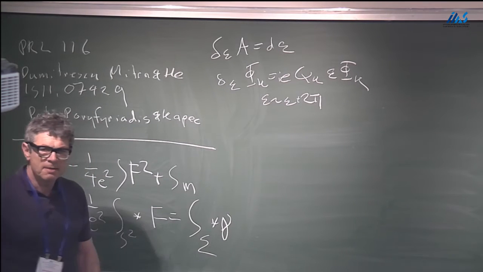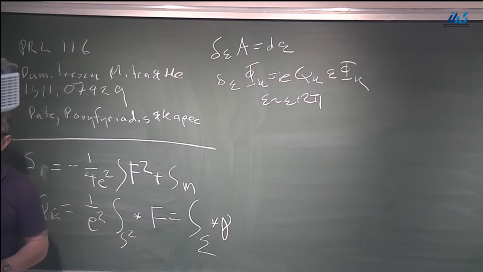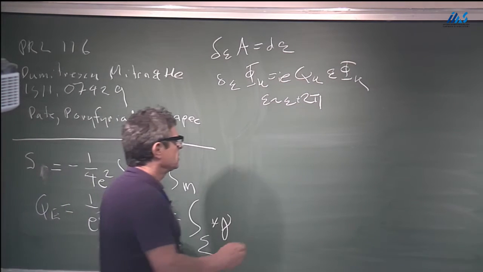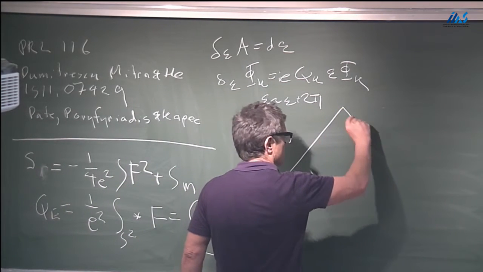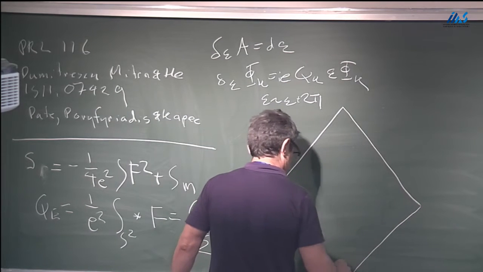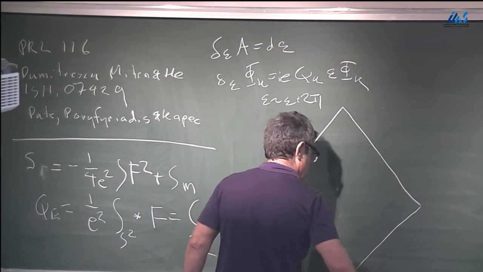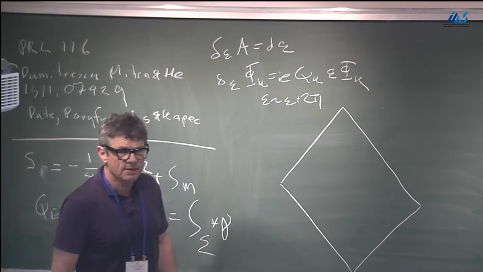Now, important part of this story, these charges that I'm going to talk about are understood as conserved quantities with the property that if you know what they are, there's an infinite number of them, if you know what they are for the incoming scattering data, you know what they are on the outgoing scattering data. And so it's important to talk about null infinity, where a lot of the flux of these charges go.